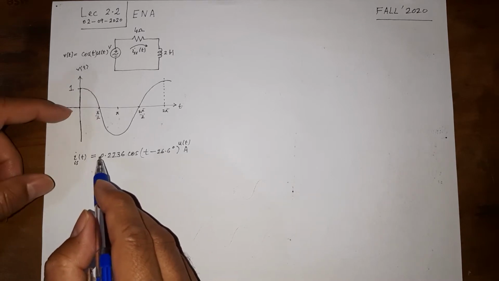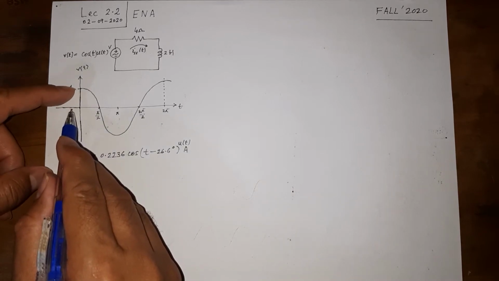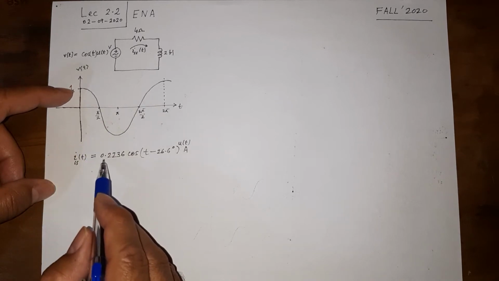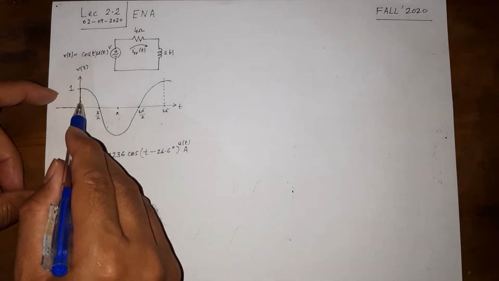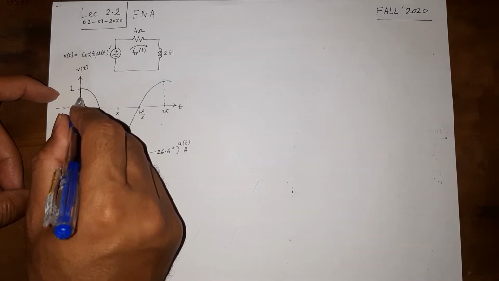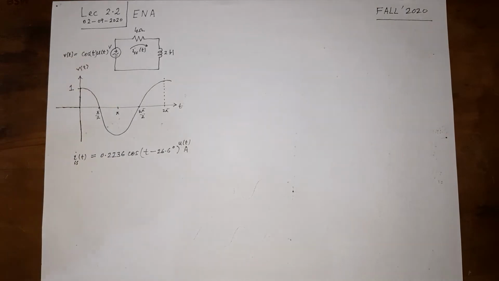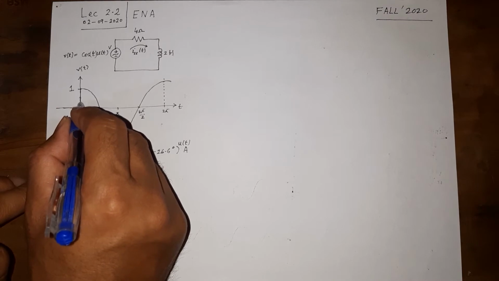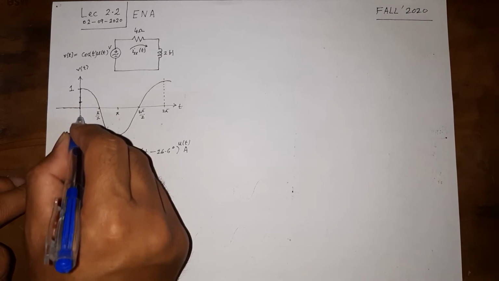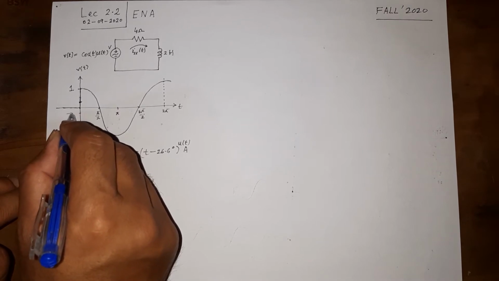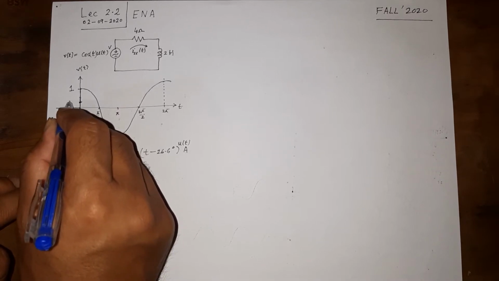So if this height is 1, the midpoint would be 0.5, and this further point would be 0.25. So if we have this point as 0.5, then this point would be 0.25, minus 0.25.